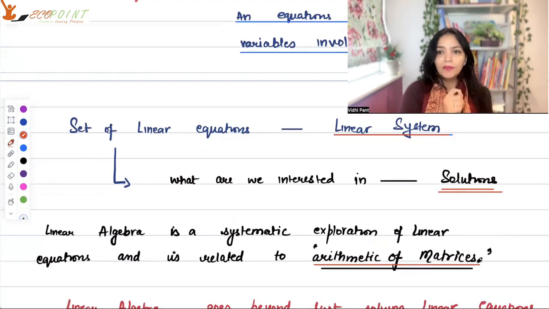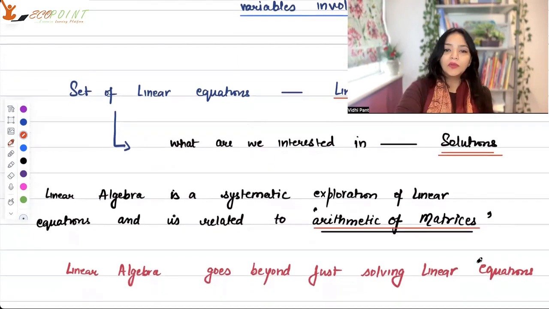That is why the knowledge of matrices becomes very important when you're working with linear algebra. My task here would be to take you through linear algebra. I would need a little bit of knowledge of matrices, but I will keep on doing the basics here as well.